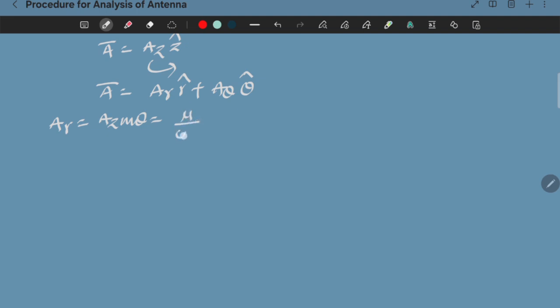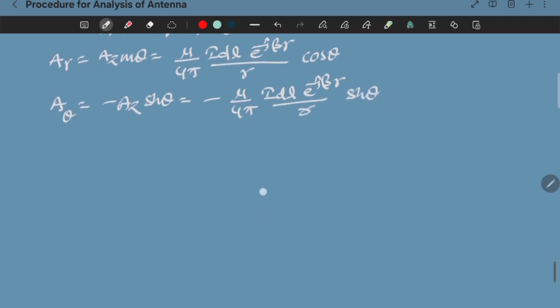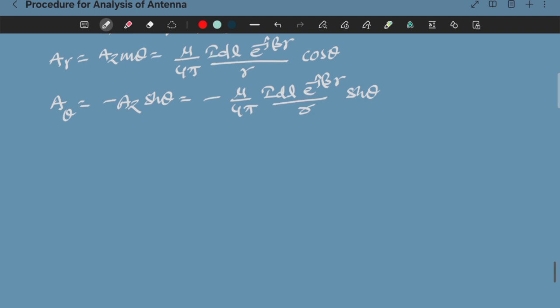AZ is mu by 4 pi I dl e power minus j beta r by r, cos theta, and A theta is equal to minus AZ sin theta, minus mu by 4 pi I dl e power minus j beta r by r, sin theta. So AR, next A theta.